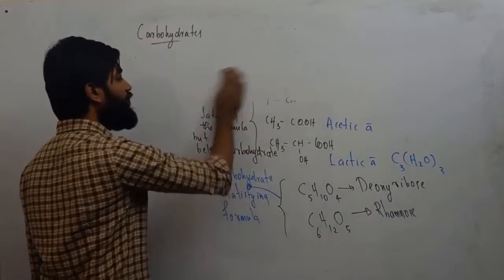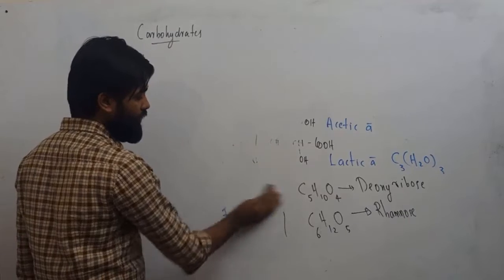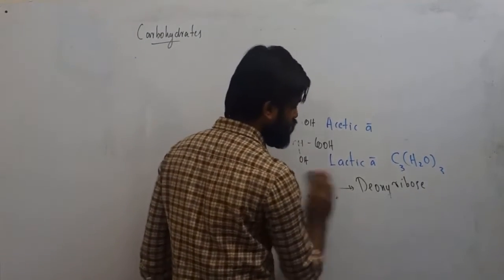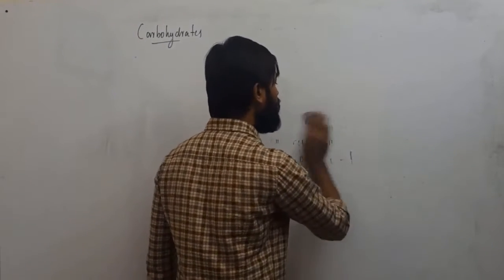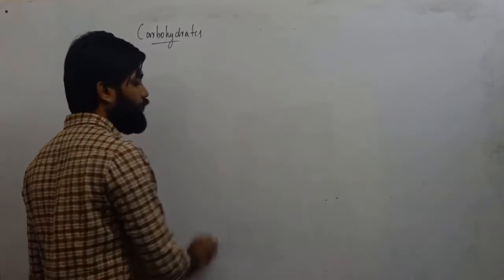The modern definition is that carbohydrates are optically active polyhydroxy aldehydes or ketones. So what is actually a carbohydrate? They are optically active polyhydroxy aldehydes or ketones. That's exactly a carbohydrate.